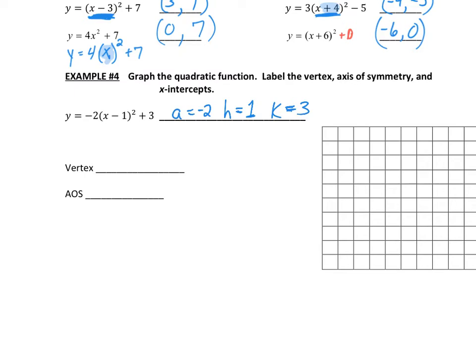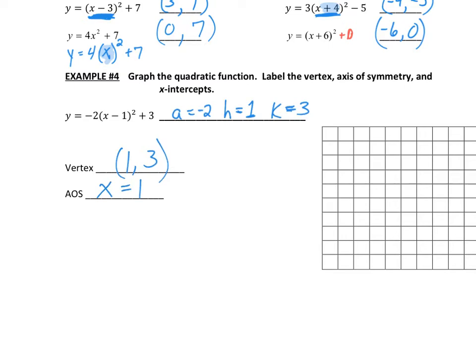Let's find the vertex. The vertex is at (h, k), so it's at (1, 3). The axis of symmetry is x equals h, so x equals 1.